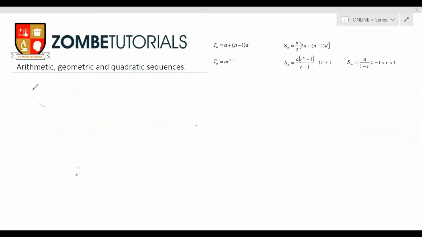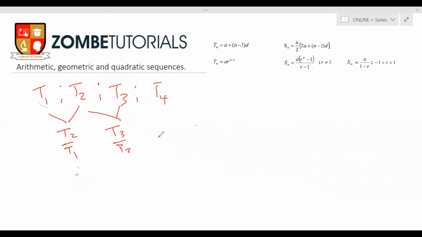So the geometric sequence, again, using the same example, T1, T2, T3, T4, we check the common ratio. So we divide T2 by T1. Then we divide the consecutive terms, T3 by T2. And then we divide the next terms, which is T4 by T3.